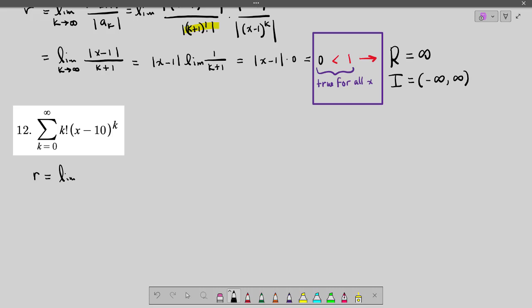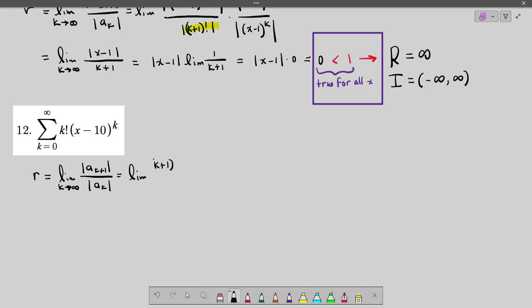It's the limit as k goes to infinity of the absolute value of a sub k plus 1 over the absolute value of a sub k. So, the ratio of consecutive terms. This will be the limit of a sub k plus 1.